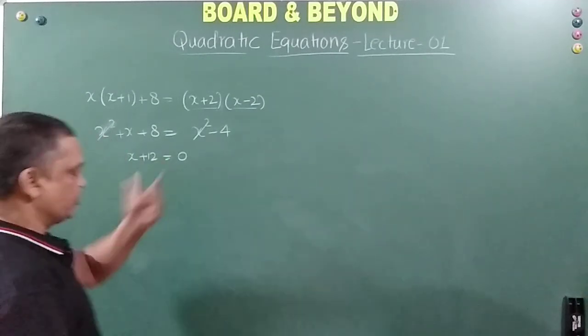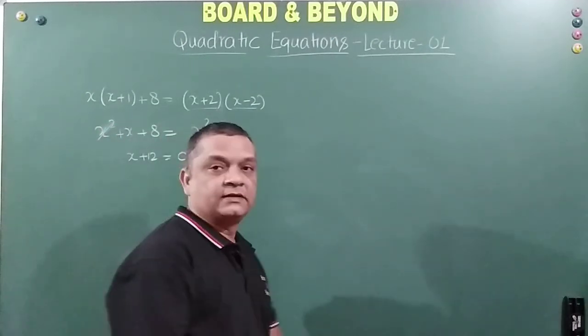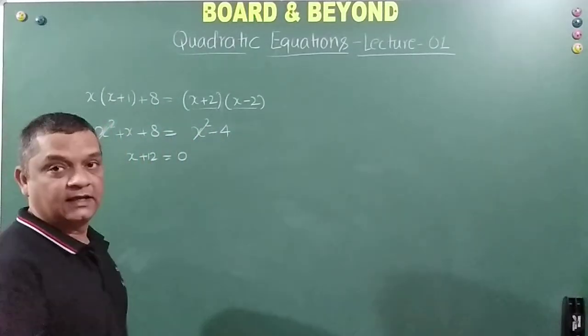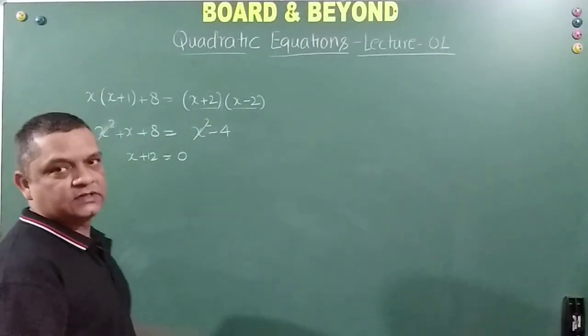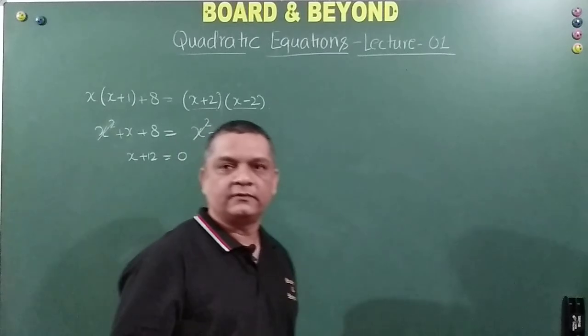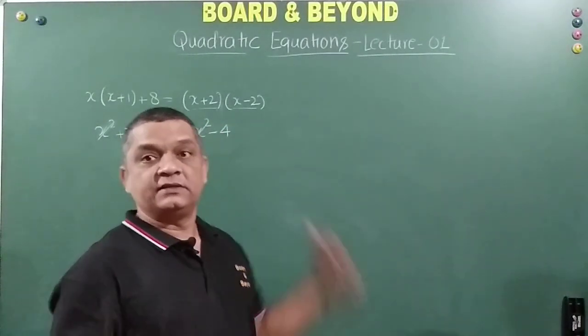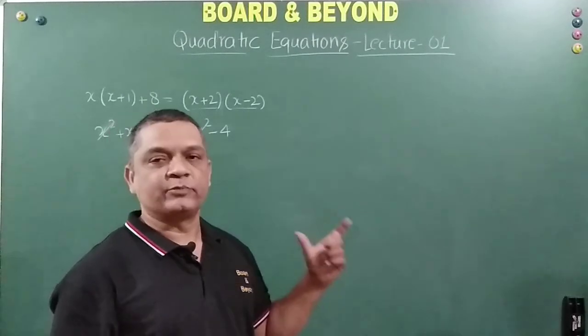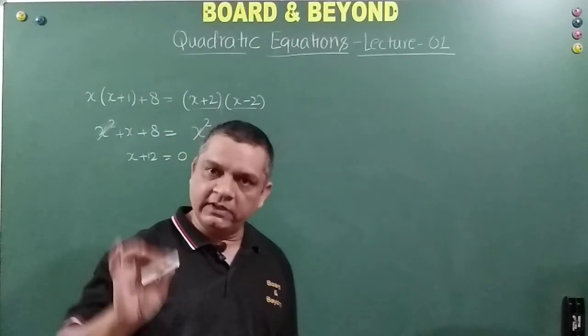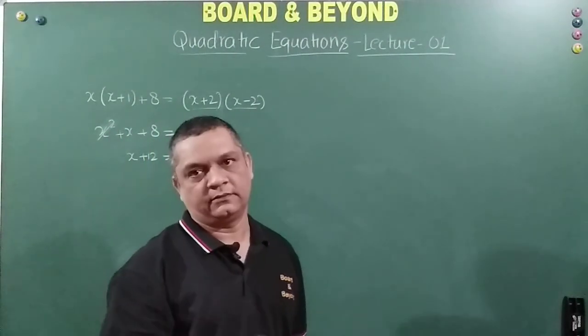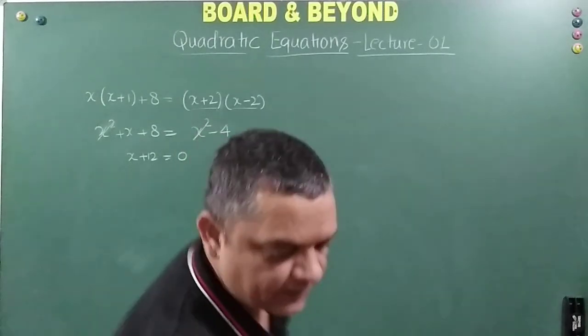Now friends, please see, is this a quadratic equation? No, it is not. That is why I told you, please don't try to judge it just by seeing it. Please expand, solve it and then decide whether it is quadratic or not. Okay, let's move forward.